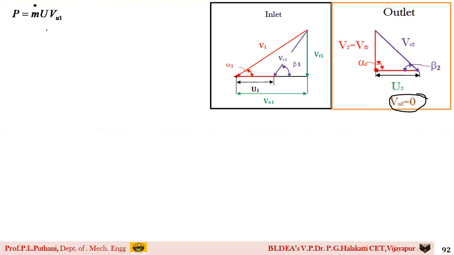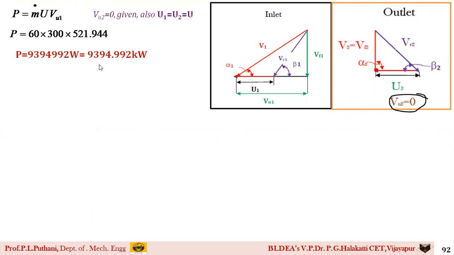So therefore, my power equation becomes P is equal to m dot U VU1, and on substituting the values, I get the answer of power as 9,394.992 kilowatts.